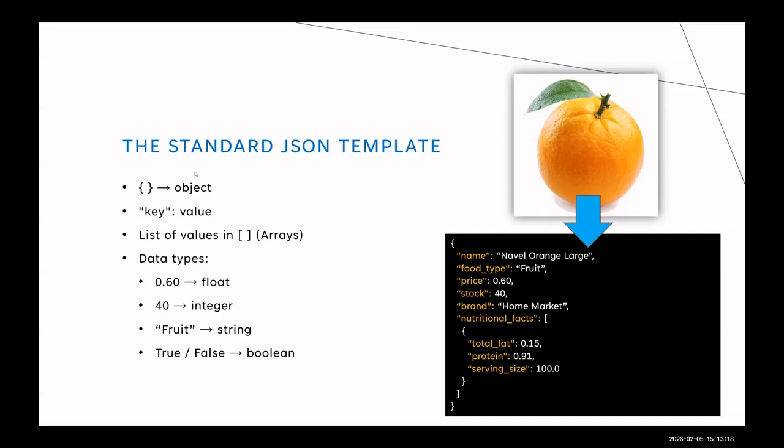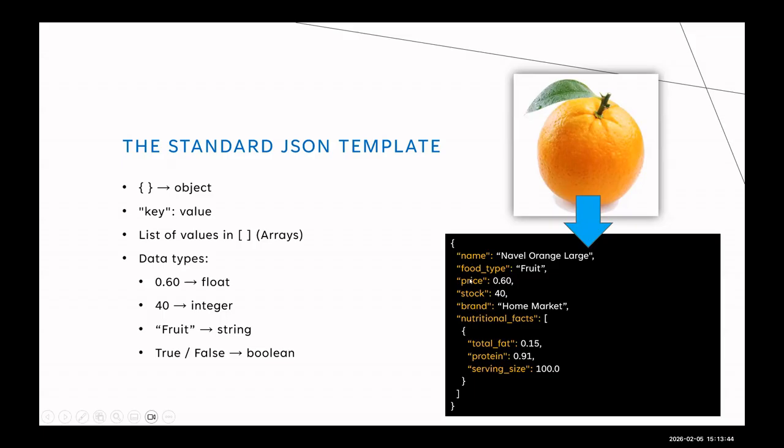So we have the object, which is this open and close bracket, which houses the entire object. The key values is basically how do we call this, or what do we call these particular values.